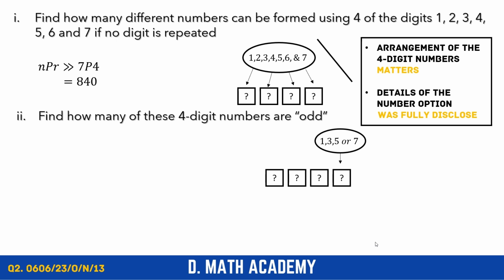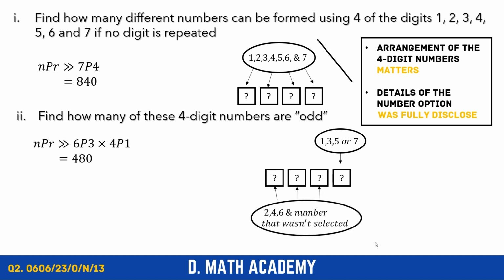Out of 7 numbers, we selected one of them, so the rest we have is 6. These 6 are to be filled into the 3 empty spaces. So 6P3 times 4P1, and you get the result of 480. Or you can break it down as 6P1 times 5P1 times 4P1 times 4P1. So the result will be 480.